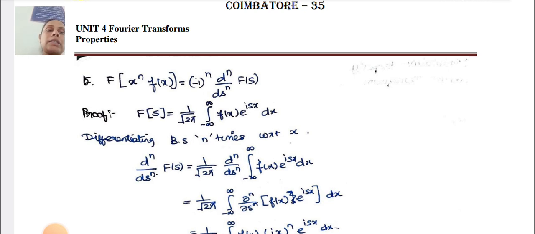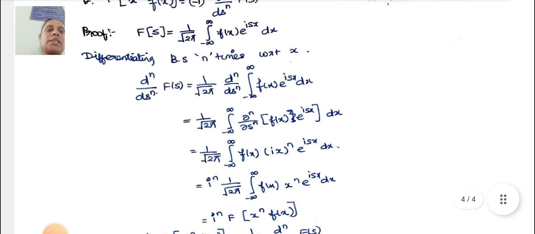Next, here we replace: the partial derivative dou power n by dou s power n of f of x e power i s x into dx. Here the derivative gives i x, so f of x, i x whole power n, into e power i s x into dx. Here i is a constant, so take it outside.